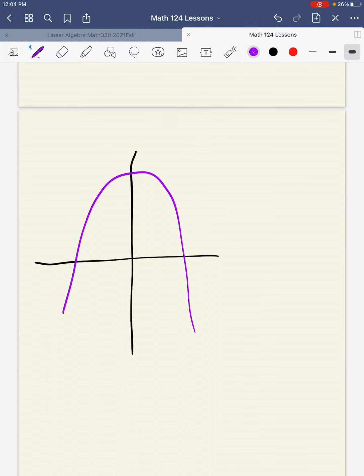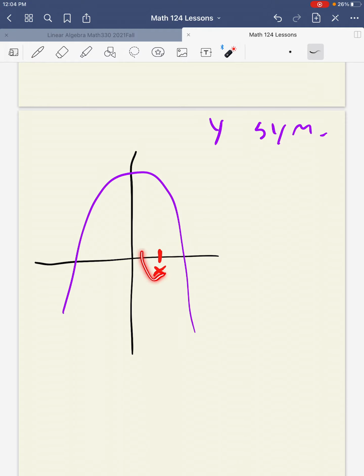And this is y symmetric. Now let's make an observation here. Notice if we plug in some point here, call that point x. If this is point x, then if we flip over here to minus x, minus x will therefore be right here. And we can make the following observation.